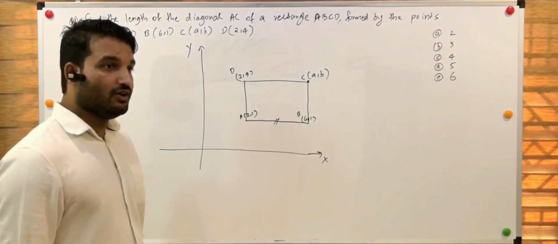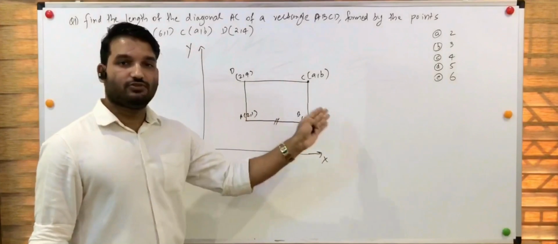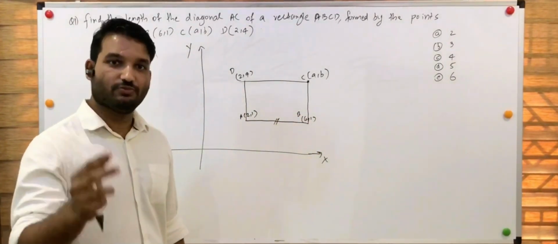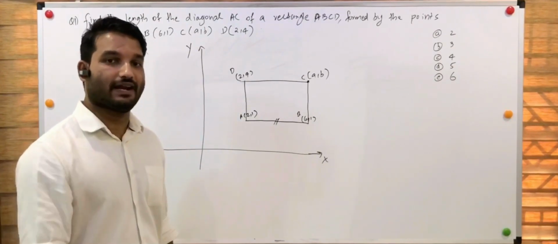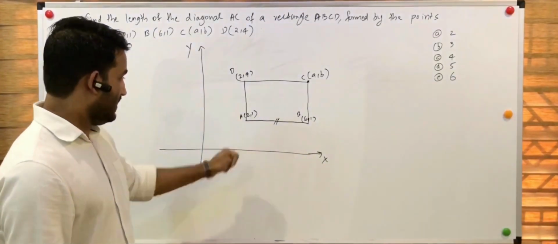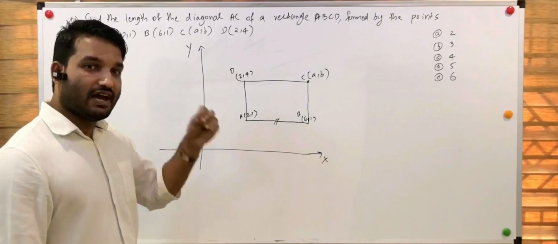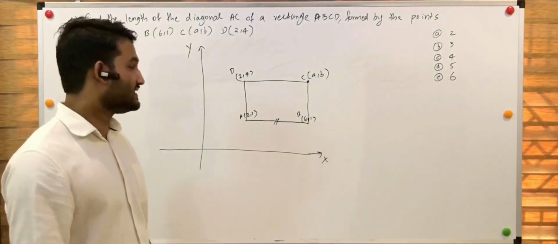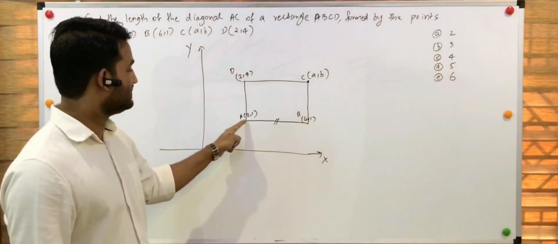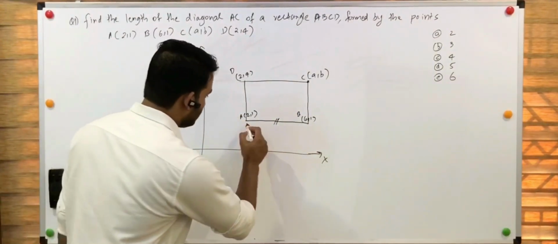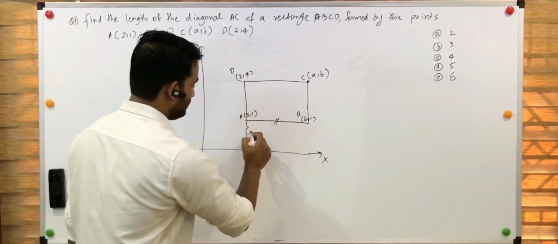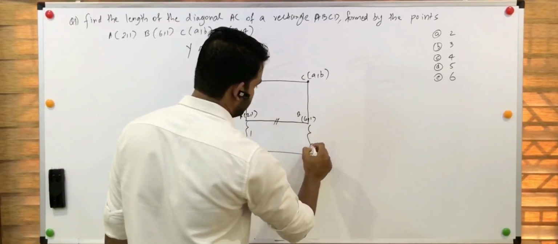Why? For a line segment, here AB is a line segment, to be parallel to the x-axis, its endpoints will have the same y coordinate. That means it will have the same distance from the x-axis. We know the y coordinate is the distance from the x-axis. Here it is 1 and here also it is 1.